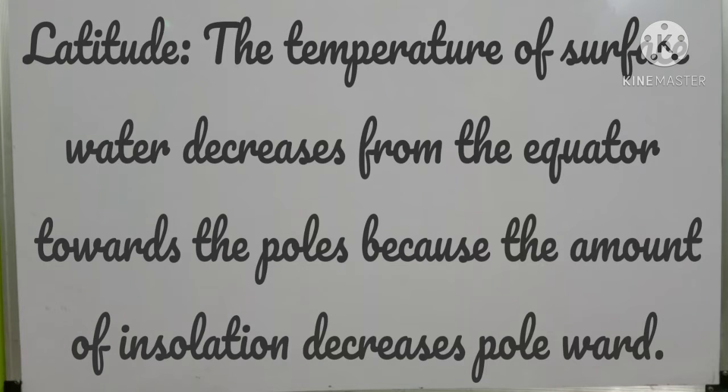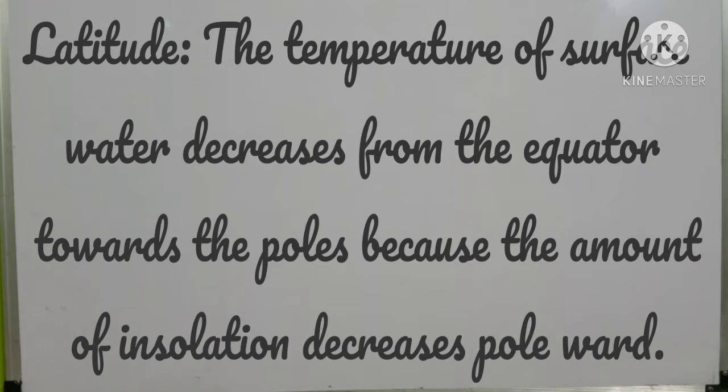First of all, we will talk about the latitude. The latitude is the most responsible factor. As you know, different areas have different latitudes. So the temperature of surface water decreases from the equator towards the poles, which is also known as the horizontal distribution of the temperature. The sun rays become more and more inclined, and thus the amount of insolation decreases poleward.